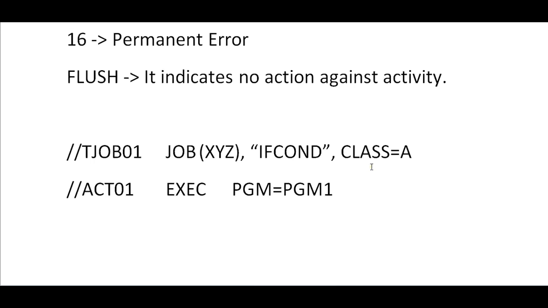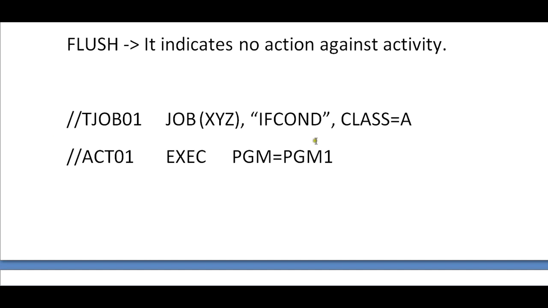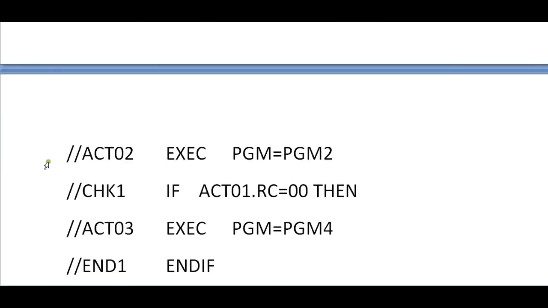Let us see an example of how the IF condition works. Below is a JCL. It has three different activities. This is activity 1, which has program 1, and activity 2, program 2. What I'm doing today is checking the condition.